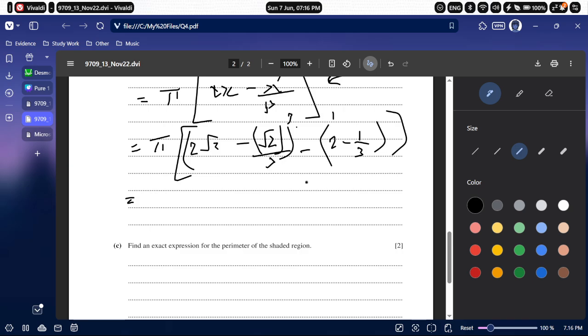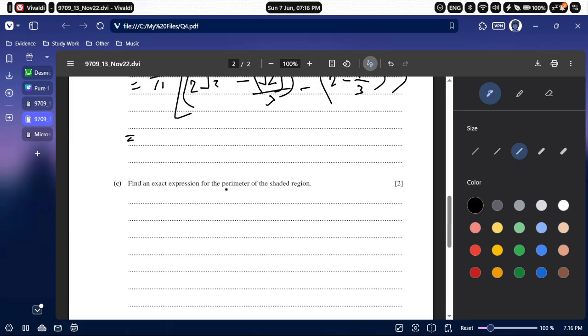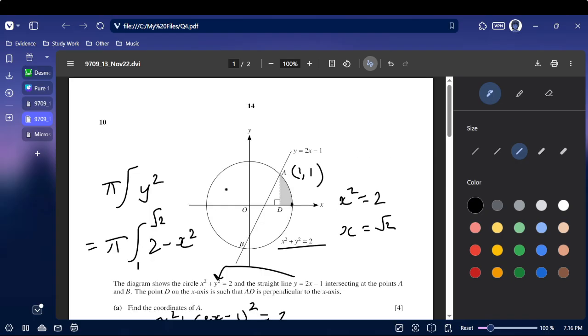Okay. Now they're saying find an exact expression for the perimeter of the shaded region. So wait, let me scroll up again. If you think about it, first of all, this thing over here is basically the arc length.